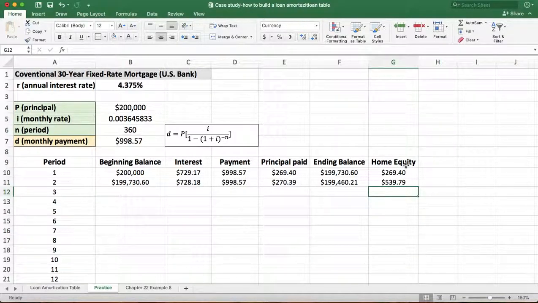Equity is what you own, what belongs to you. Ending balance is what you owe, your debt. So home equity grows because you already paid it. So this is what belongs to you.